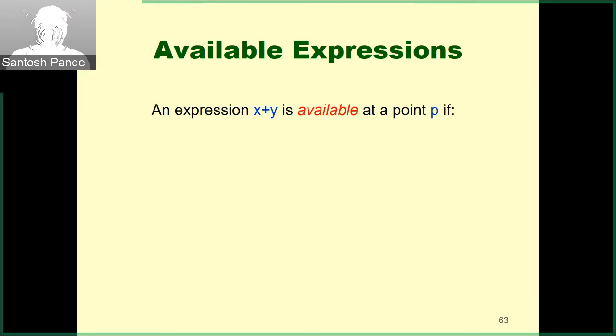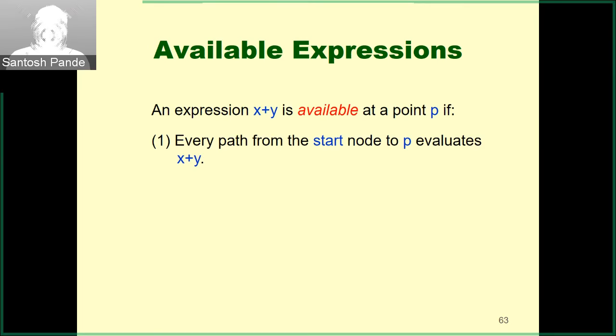So what is it about? Its purpose is to tell us if the expression is available at a given program point. Here is again a clean definition using paths, and then we'll break it down again using program points and basic block oriented propagation of values.